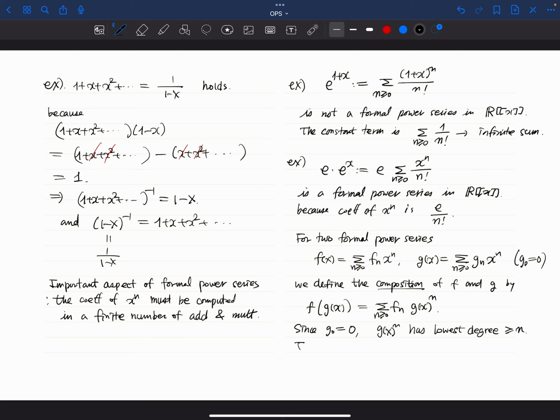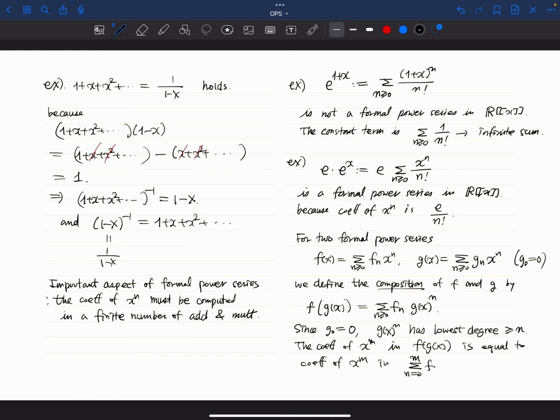So the coefficient of x to the, say, m in this series is equal to the coefficient of x to the m in the finite sum up to m.